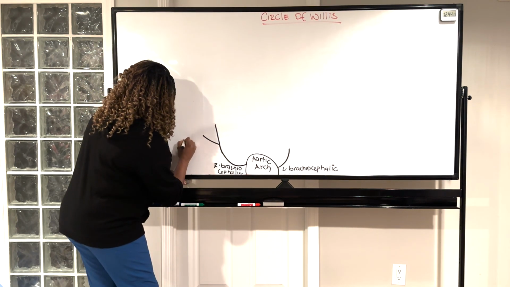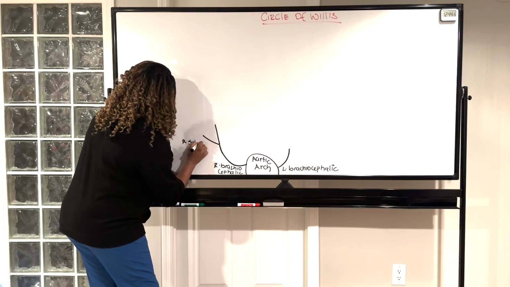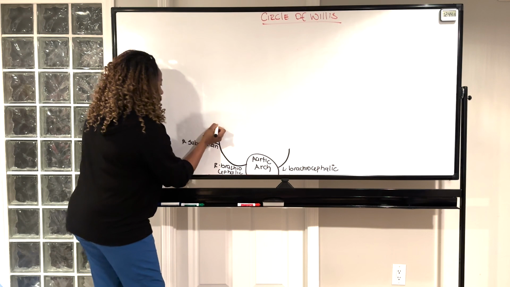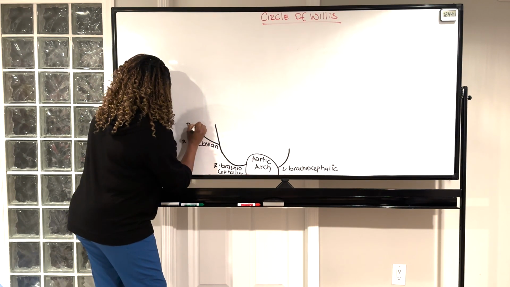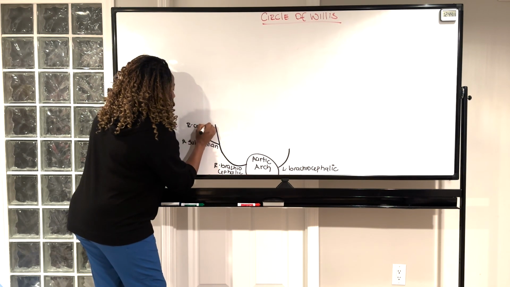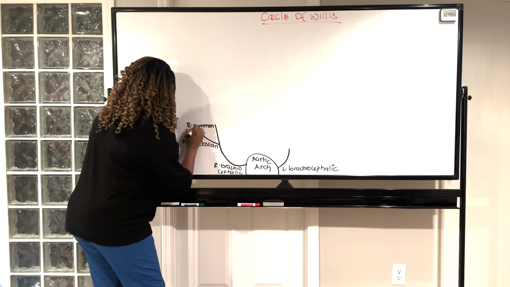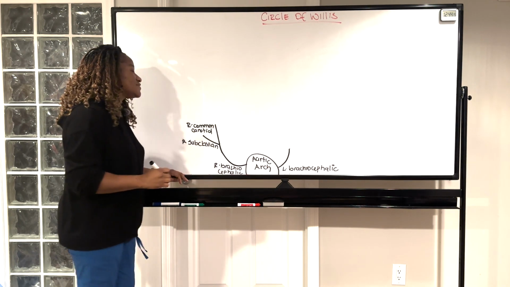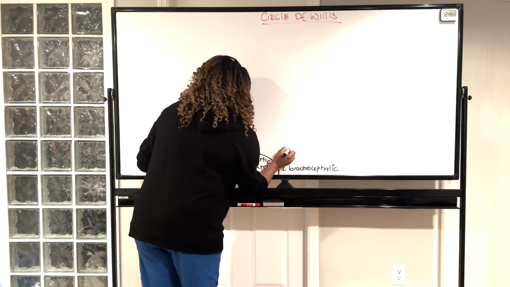So here we have the right subclavian, and this branch is the right common carotid. And same thing on the left side.